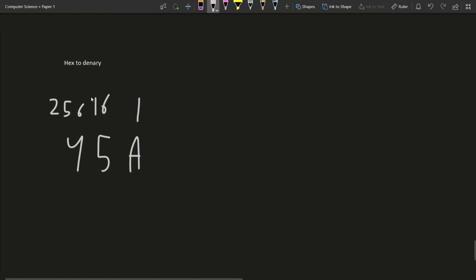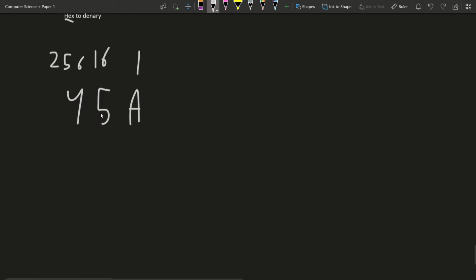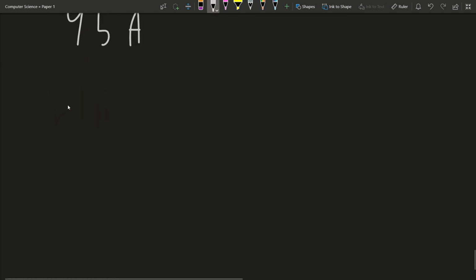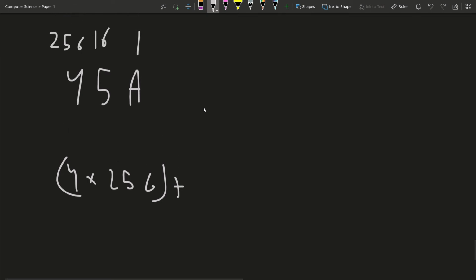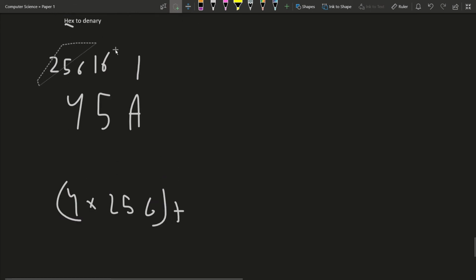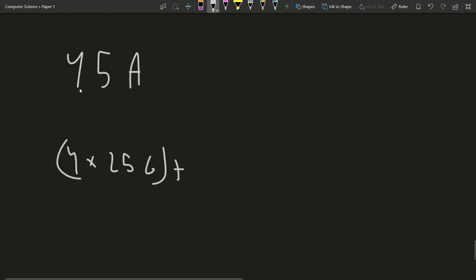In the hexadecimal system, it's base 16, so you go up by 16 times. Anyway, you're going to do 4 into 256. You just basically multiply this by 256.